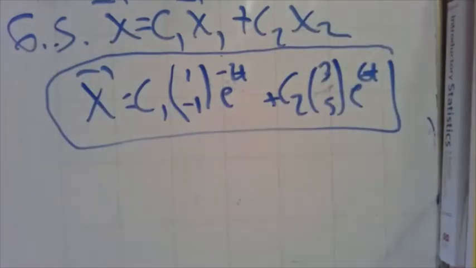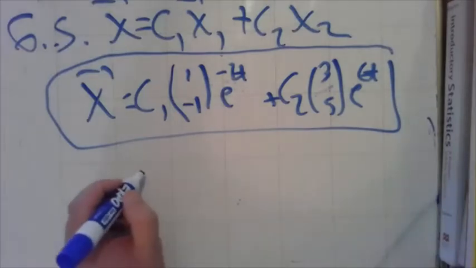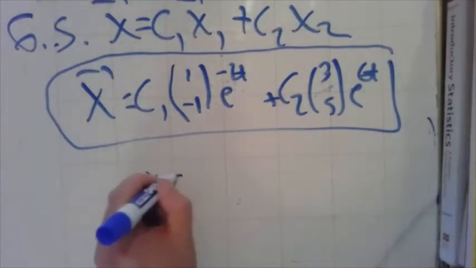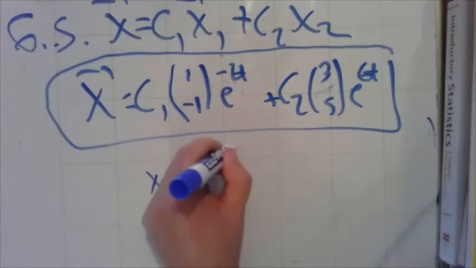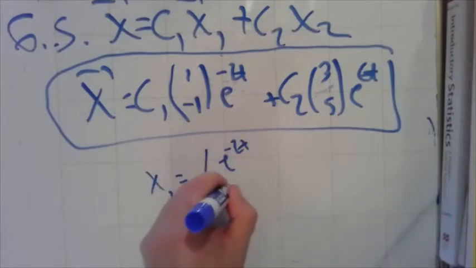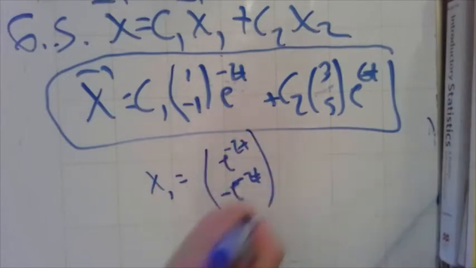Remember, when we're solving these homogeneous equations, any multiple of a solution is also a solution. A minute ago, I claimed that this guy was a solution. Any multiple of that guy is also a solution.